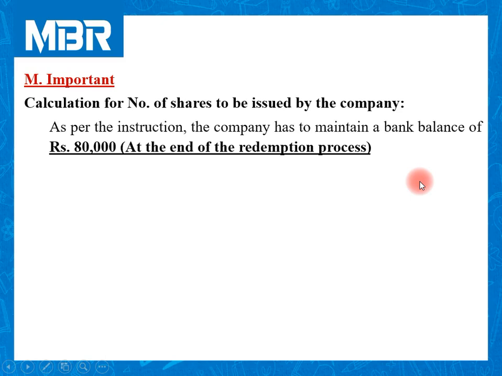As per additional information, we need to maintain a closing balance of rupees 80,000. It means the calculation of the closing bank balance is the most important part of this problem, because the number of shares to be issued by the company will be based on maintaining the closing balance.